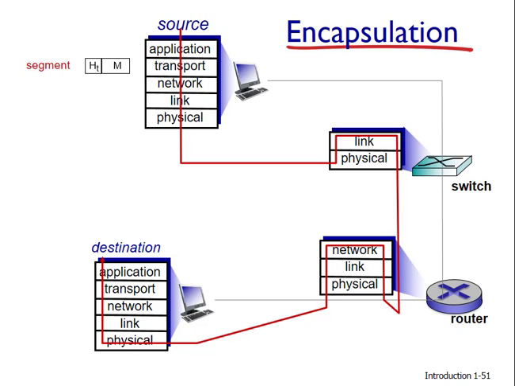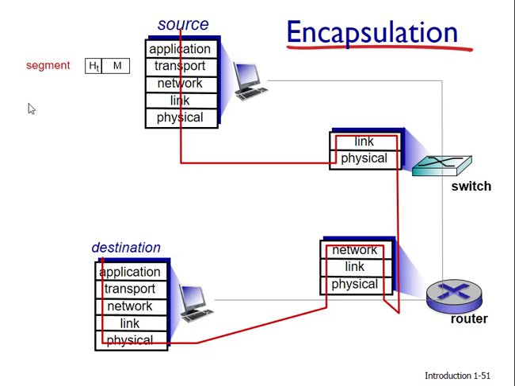The application layer message and the transport layer header information together constitute the transport layer segment. The transport layer segment thus encapsulates the application layer message as we see here. The added information might include information allowing the receiver transport layer to deliver the message up to the appropriate application. And it might include error detection bits that allow the receiver to determine whether the bits in the message have changed en route.